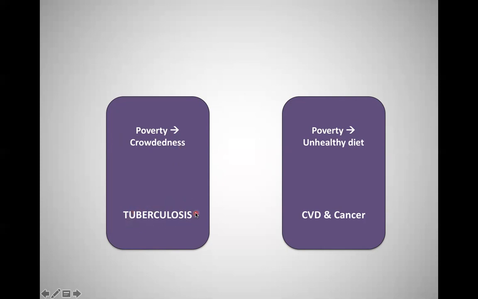Tuberculosis is an infectious disease that is very much an outcome of living in crowded conditions where the infection is more readily transmitted. In general, people who live in poverty are more likely to live in crowded conditions. And we know this until today, that people who live in poverty, people who live in displacement, live in crowded conditions. And these crowded conditions contribute to infectious disease in general. And 100 years ago, tuberculosis was the main cause of mortality.